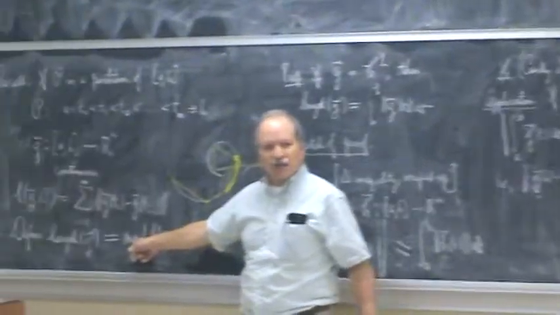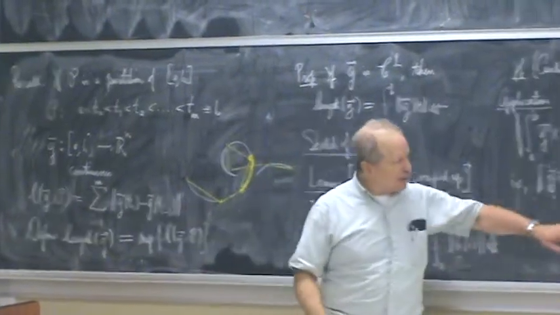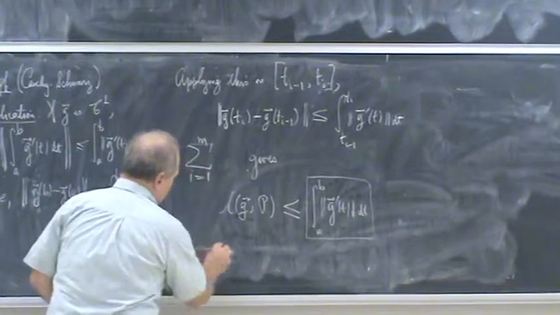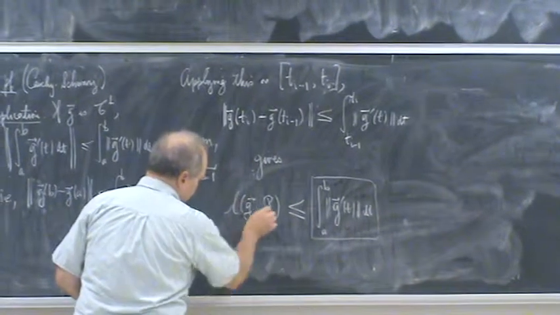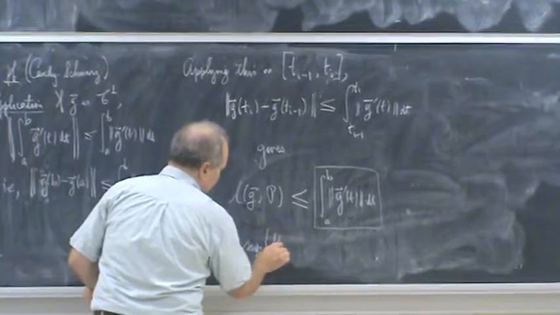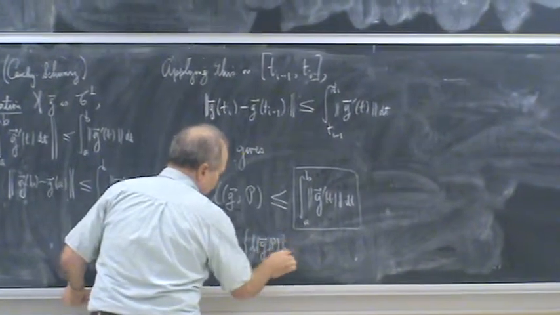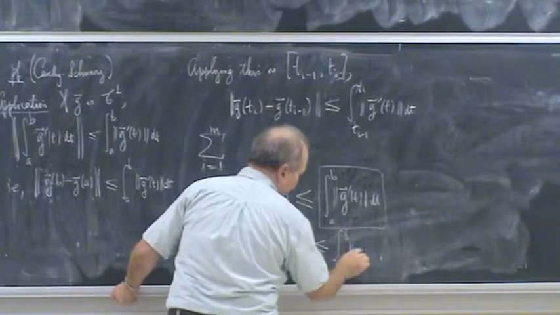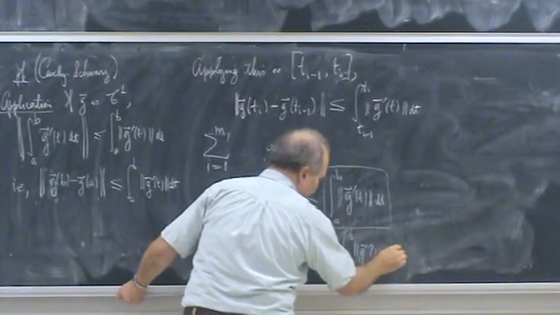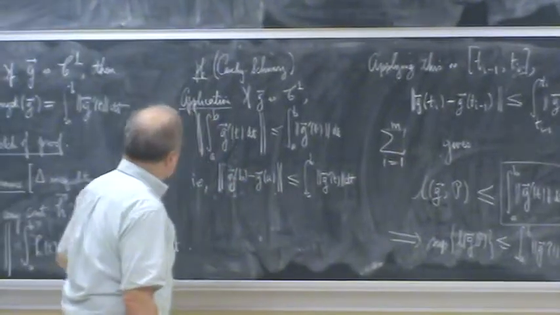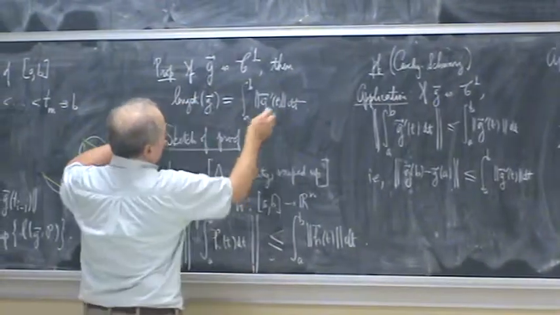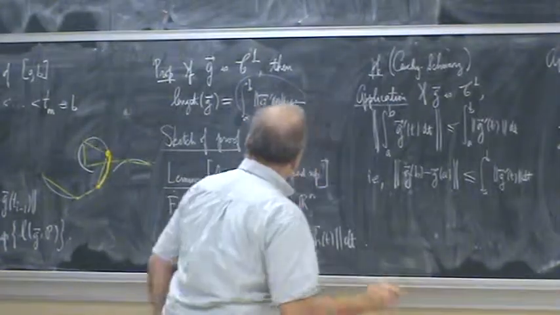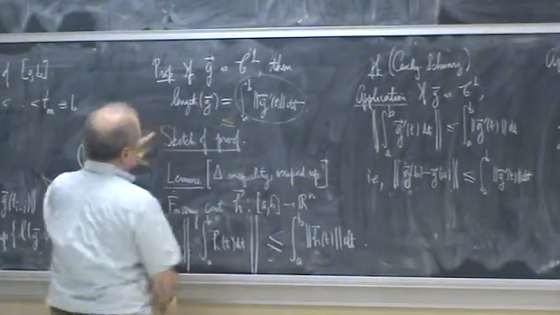Sup, remember, means least upper bound. So if this number is an upper bound for all of these numbers, that means that the sup of all of these is at most this particular upper bound. So in other words, I've now shown you that this number is greater than or equal to the length of the curve.